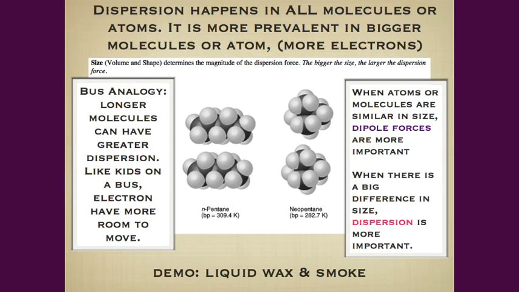Now, dispersion is typically a pretty weak force of attraction, but as the molecules get bigger, or if they have lots of electrons in them, then you have a greater ability to shift the electrons from one side to the next. For example, if we look at these two substances here, both of them are pentane, but the normal pentane, n-pentane, which is in a straight line, has a boiling point of 309 K, whereas the neopentane has a lower boiling point, and the only thing that's different here is the shape.